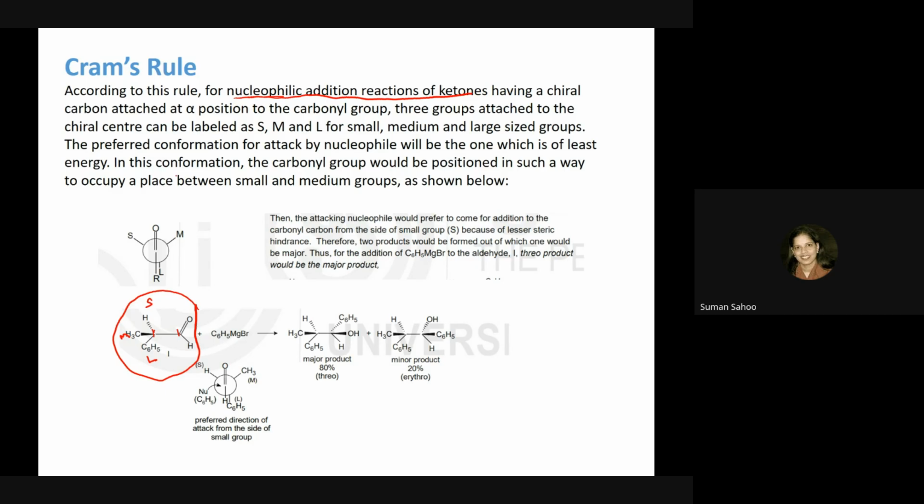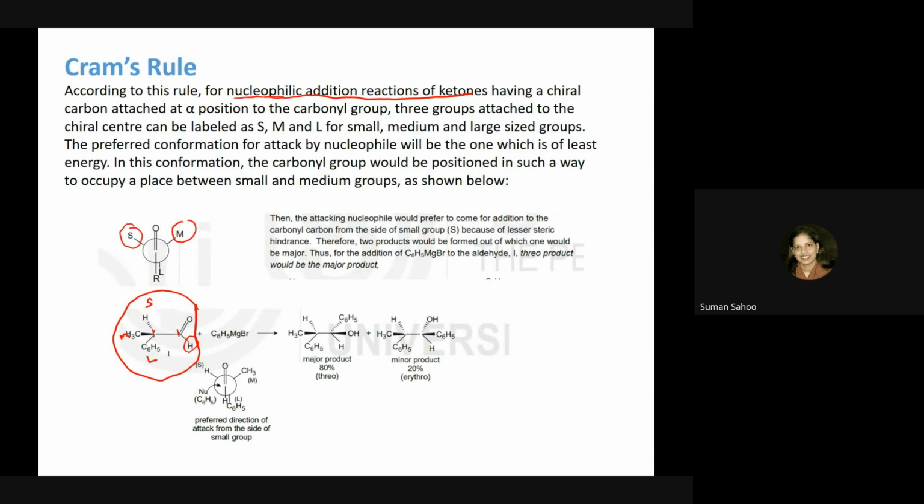According to Cram, in that conformation the carbonyl group is positioned to occupy a place between the small and the medium group. Here the hydrogen is replaced by R, and the large group is eclipsing the R group attached to the carbonyl carbon.